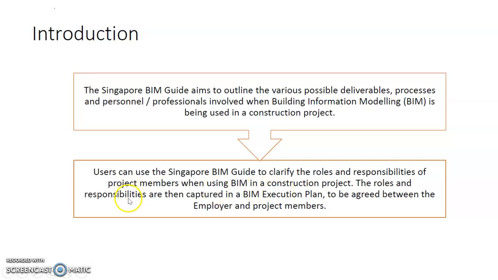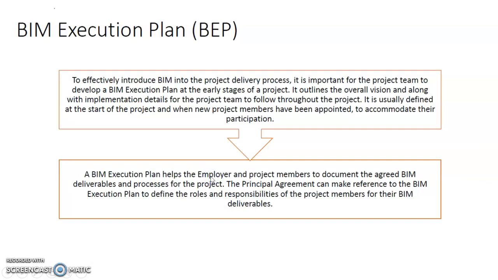The roles and responsibilities are captured in the BIM execution plan, and it has to be agreed between the employers and the project members. Right, to effectively introduce BIM into the project delivery process, it is important for the project team to develop a BIM execution plan at the early stages of the project.